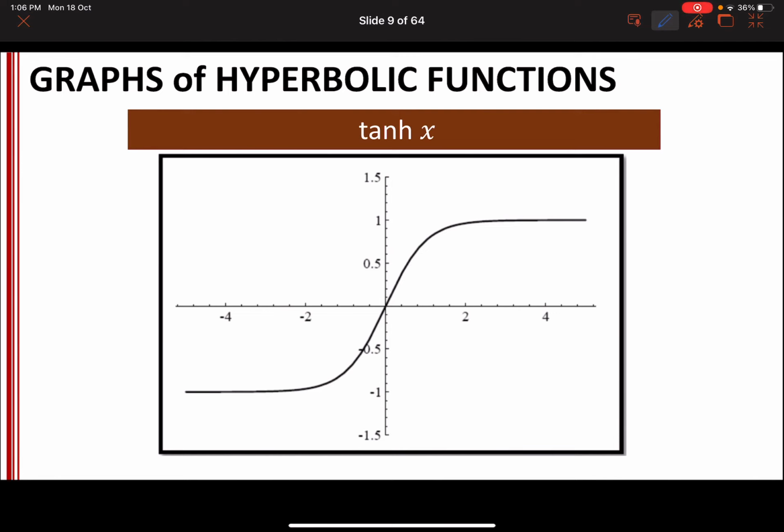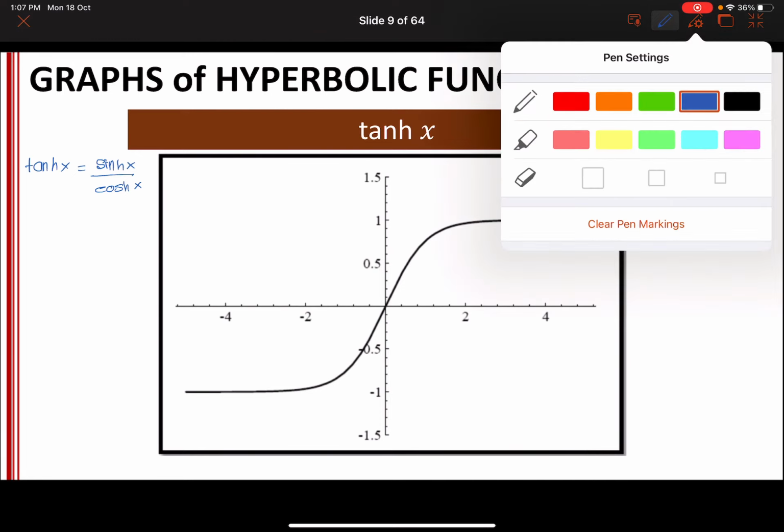All right, so this is the graph for tanh x. We know that tanh x is equal to sinh x over cosh x. So this is the graph, and how we get it is similar to how we obtain the graph of sinh and cosh. But for this graph of tanh x, we can see that it has asymptotes.